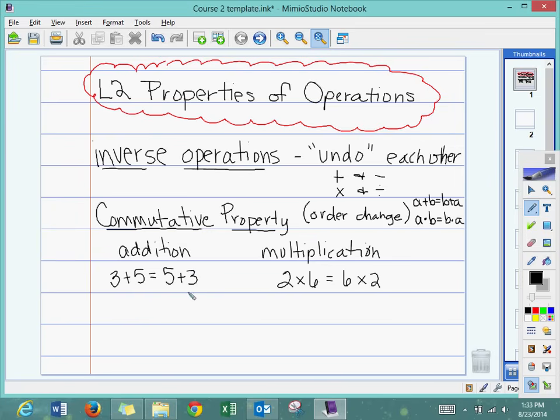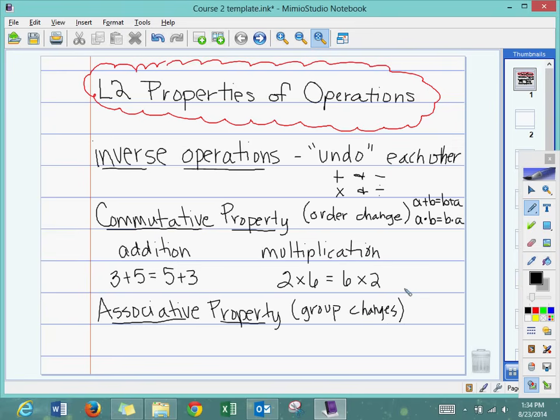The next property that I want to go over would be the associative property. That's going to allow you to change the grouping. So the group changes, and it's going to look like this.